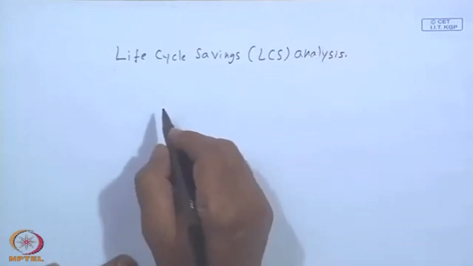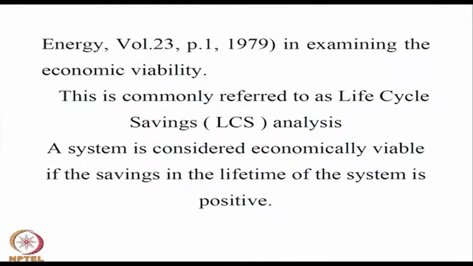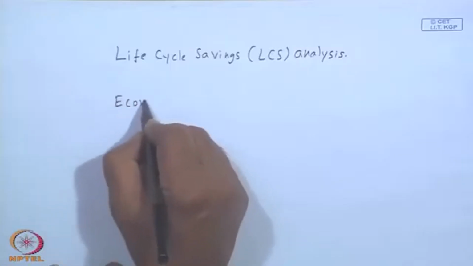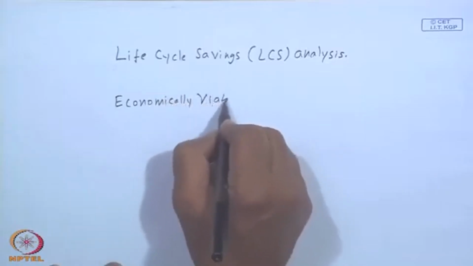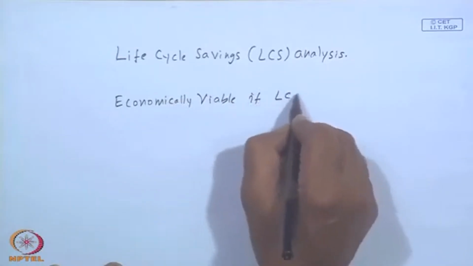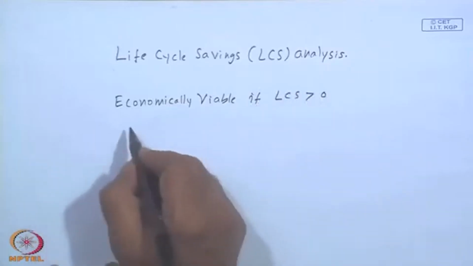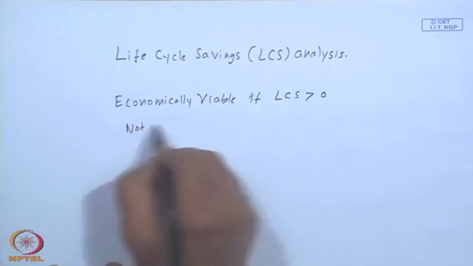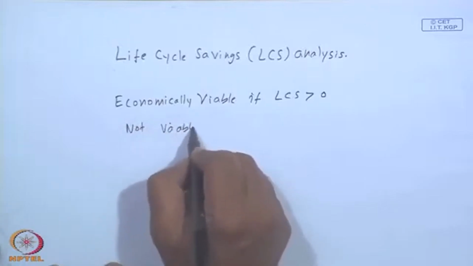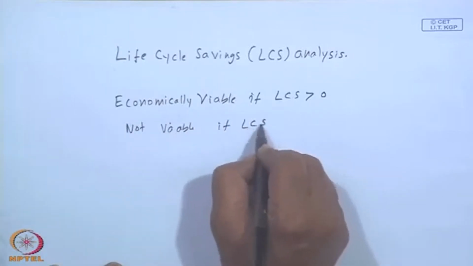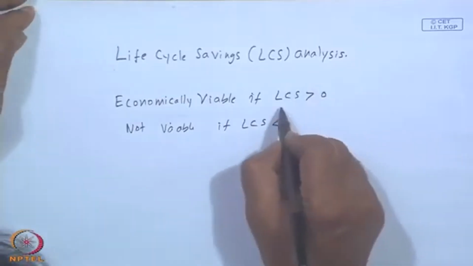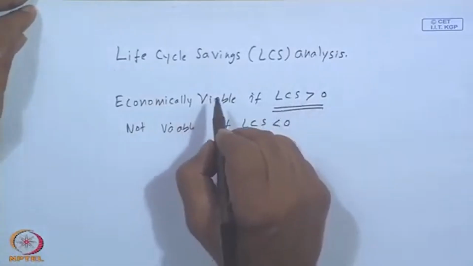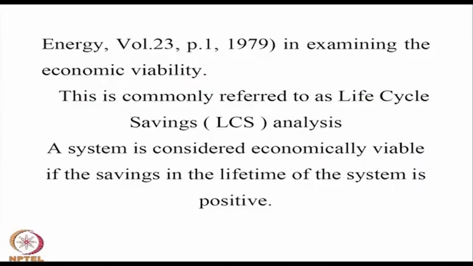And of course, as we had pointed out earlier, a system is considered economically viable if LCS is positive and not viable if LCS is negative. So, if you maximize the life cycle savings when it is positive, it will lead to some sort of an optimum configuration for the system under consideration.